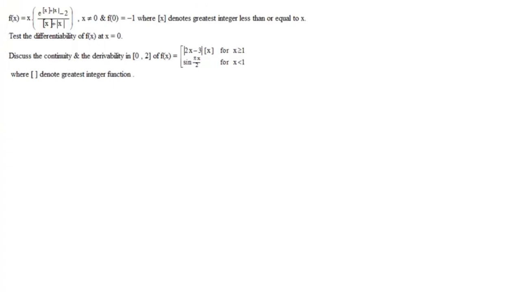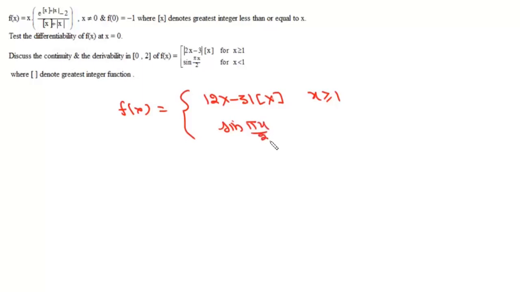Now if we look at the second question, we are given this function f(x), and f(x) is defined as mod of 2x minus 3 into greatest integer function of x if x is greater than or equal to 1, and it is sine pi x by 2 when x is less than 1. Now we need to discuss continuity and differentiability of f(x) in the interval 0 to 2.